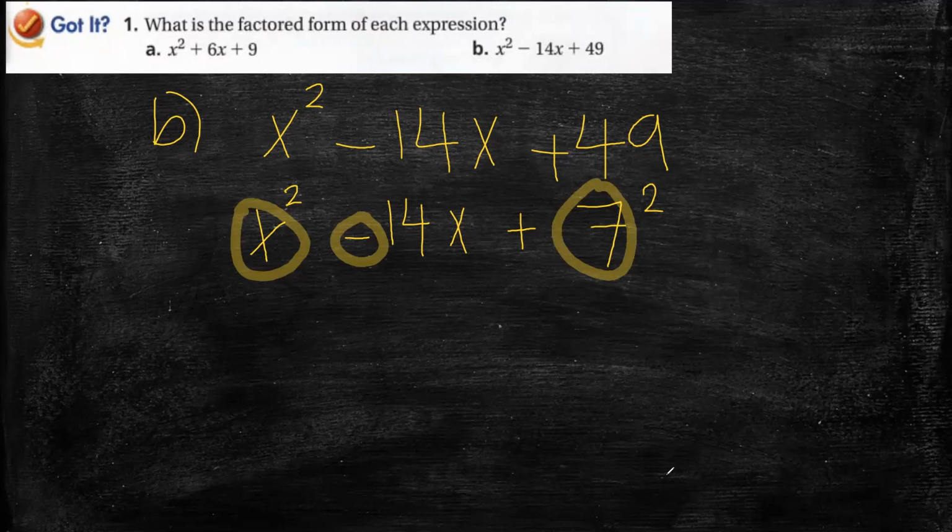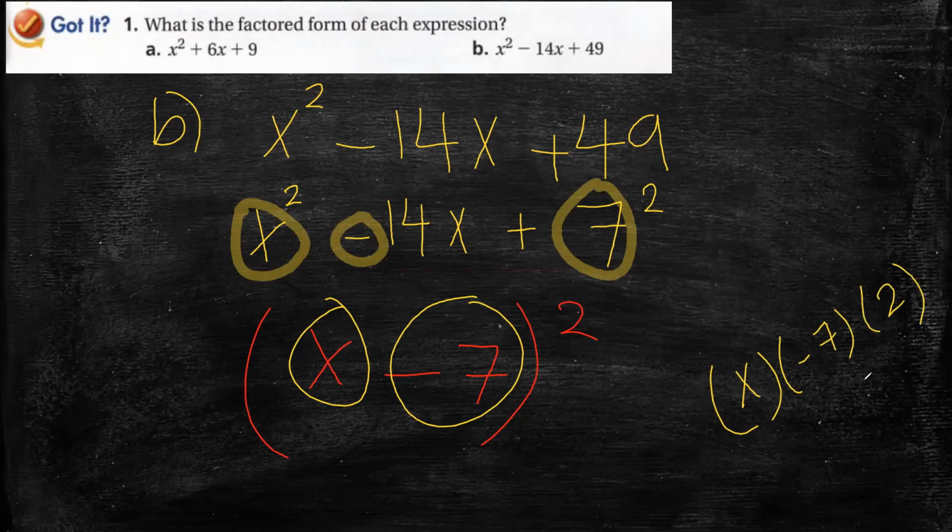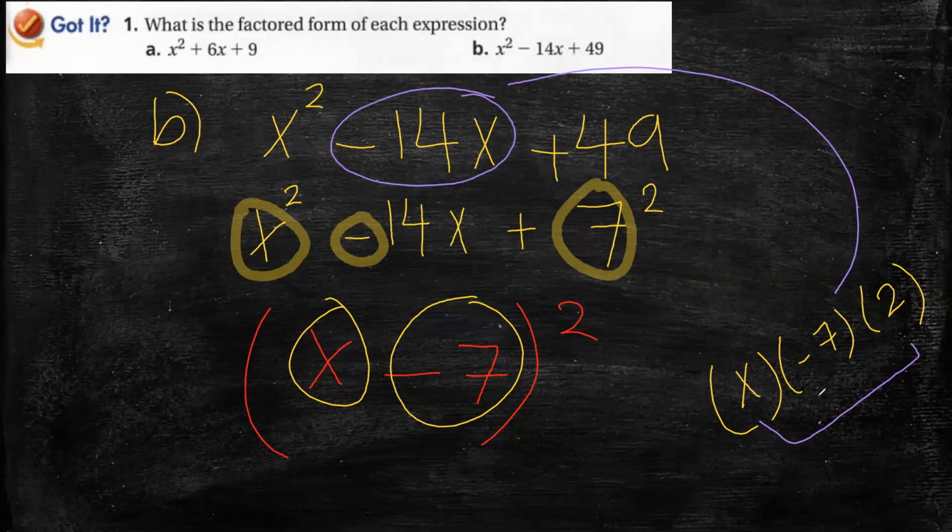I will write them now here. X minus 7 squared. Then before I finish, I must check. If you multiply x times negative 7 times 2, did I get negative 14x?